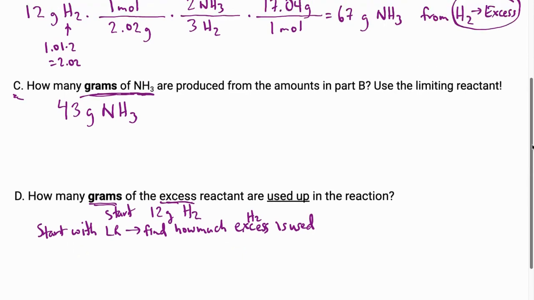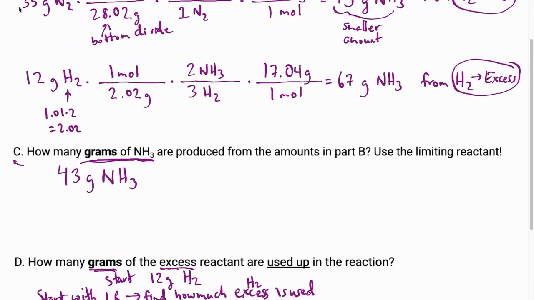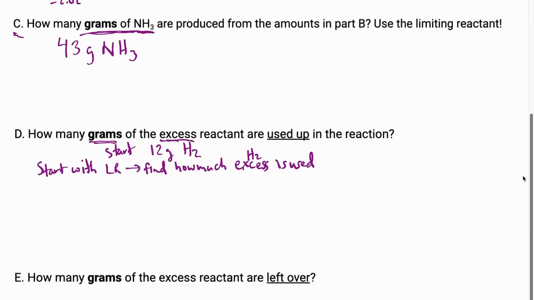So let's go back up, and we have 35 grams of N2 as our limiting reactant. We're going to start with this 35 grams N2, and we are going to go to our grams of H2 used.